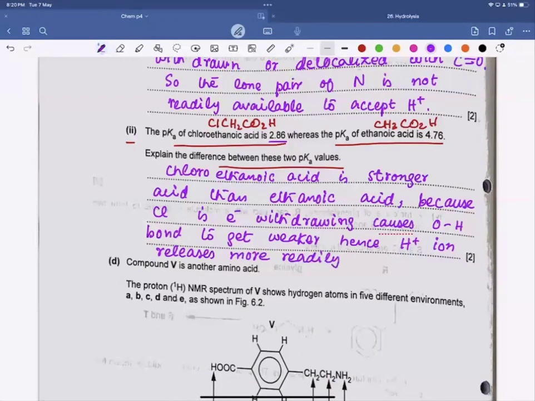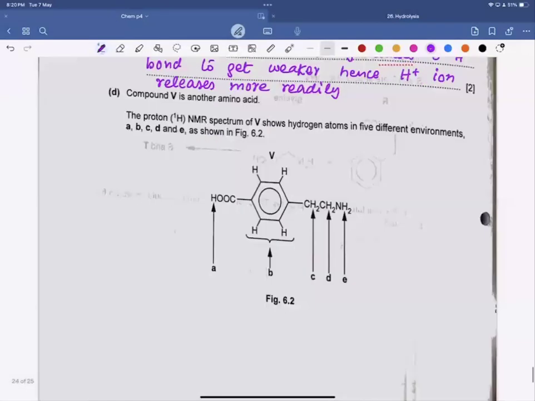Is this understandable to all of you? And as the hydrogen ions are released more readily, it is more acidic.